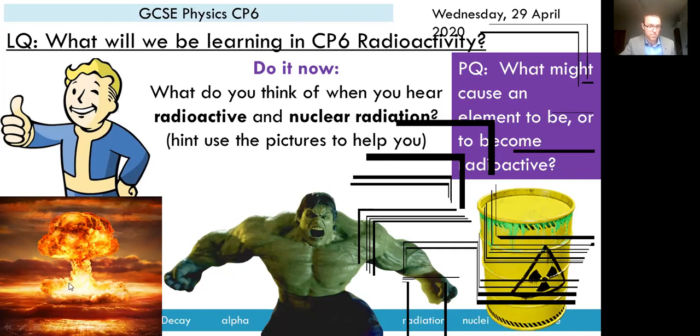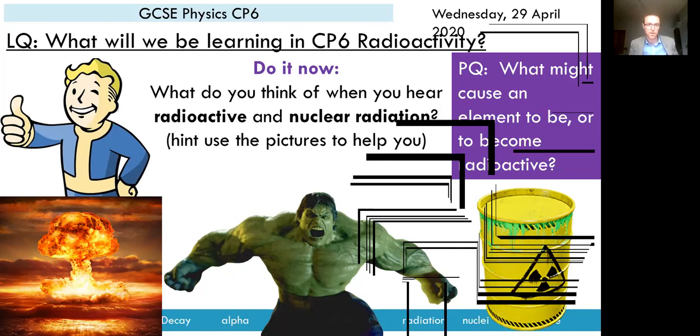Here at the top left, we've got Fallout Boy. Or no, it's not Fallout Boy, is it? I can't remember his name. But anyway, it's a computer game character from the game Fallout, who lives in a radioactive wasteland, a post-apocalyptic wasteland after a nuclear war.